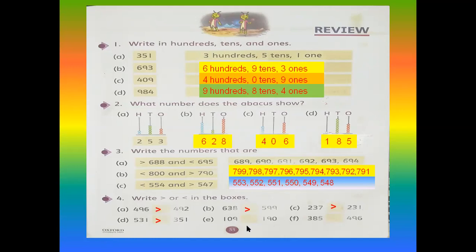Use the less symbol. 385, 496. This is 3, this is 4, so the difference is in the hundreds. So 3 is less than 4, it means the first number is, sorry, here comes the less symbol.